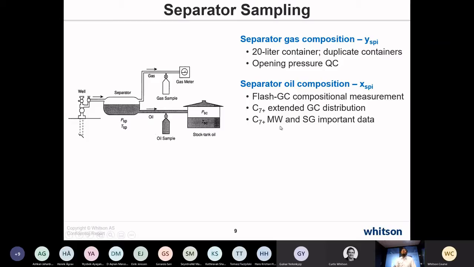That's more important data because it helps us characterize the fluid, whether it's paraffinic or aromatic, and whether a single equation of state model should be used for all the fluids being produced from the field or not. So that's also an important piece of information, and we will go through this in more detail at the end of the slide.